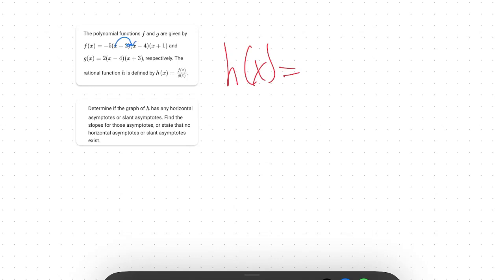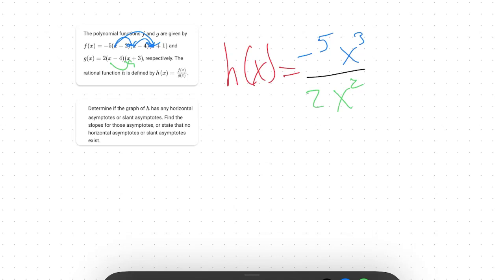We have x times x, and then x times x again, x cubed. Care about that leading coefficient. We do, we care. And this is x times x, x squared, and that is 2.